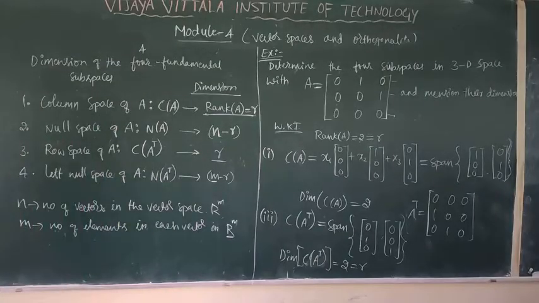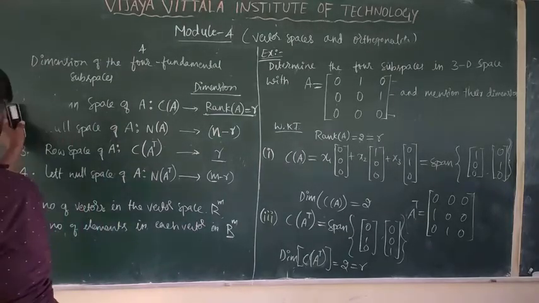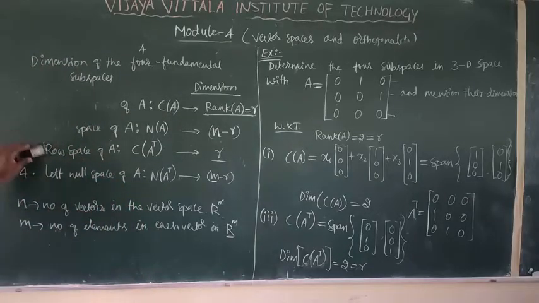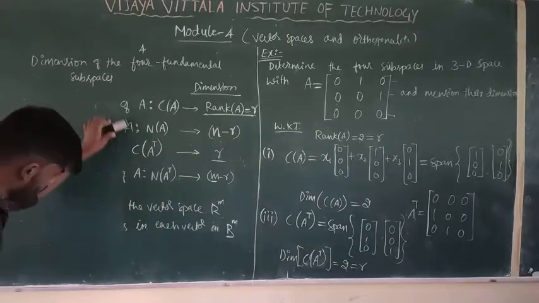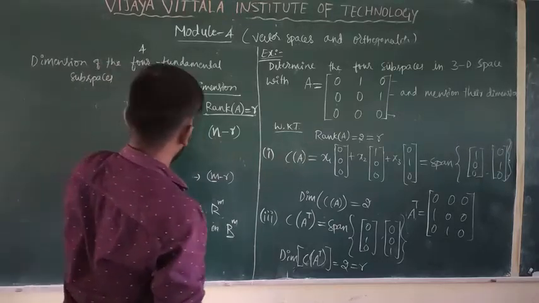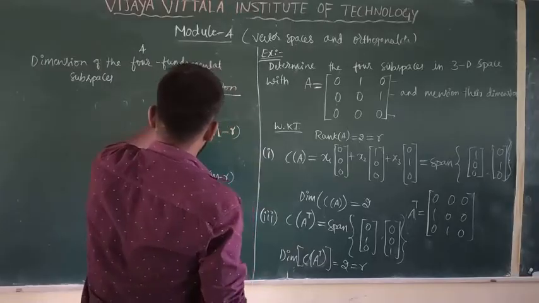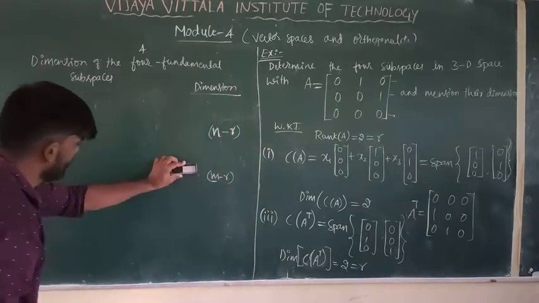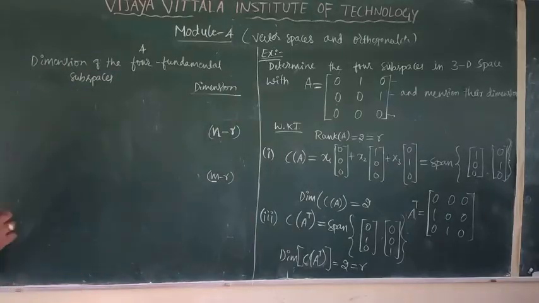Okay. Next, we will see the null space and left null space, the dimension of the null space and left null space. We already found the dimension for the column space and row space.